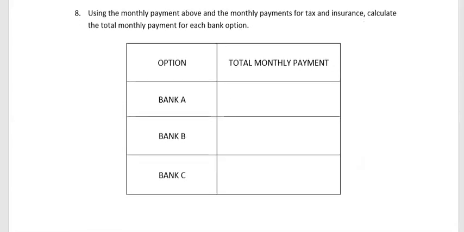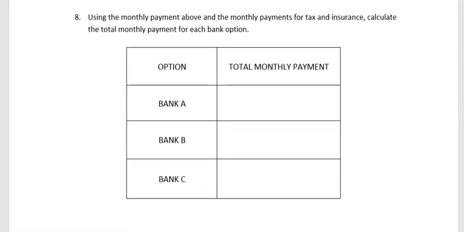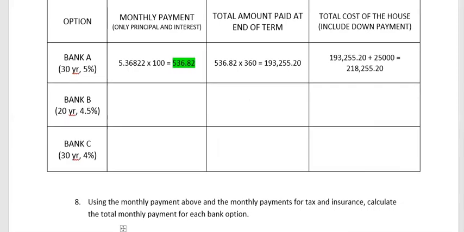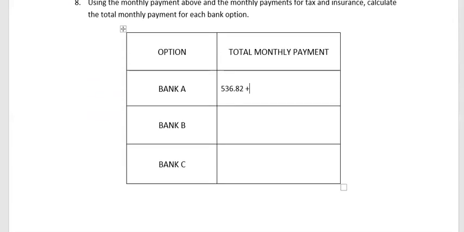All right, and then down here, we're going to look at all these numbers that I highlighted in green. So we're going to have our monthly mortgage payment, which is $536.82. Then we're going to find our monthly insurance payment, which was $150.